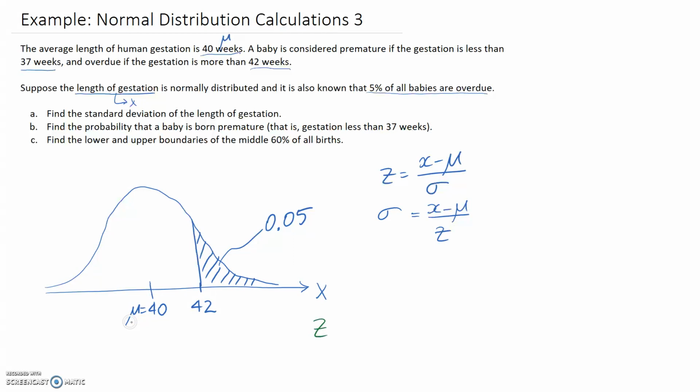If I write underneath here the z scale, we know the mean corresponds to 0. What we need to figure out is what this 42 corresponds to in terms of the z scale. And how we can get that is we have the 0.05 area. If we look up the cutoff for an area of 0.05, we're going to get the z-score. So let's go and do that, and I'm going to use the inverse table.